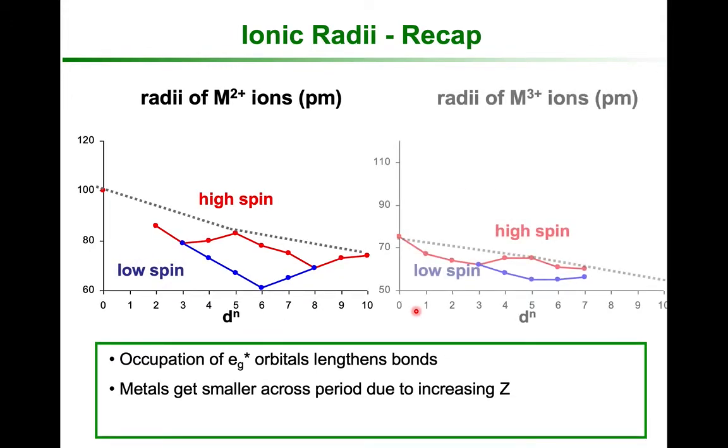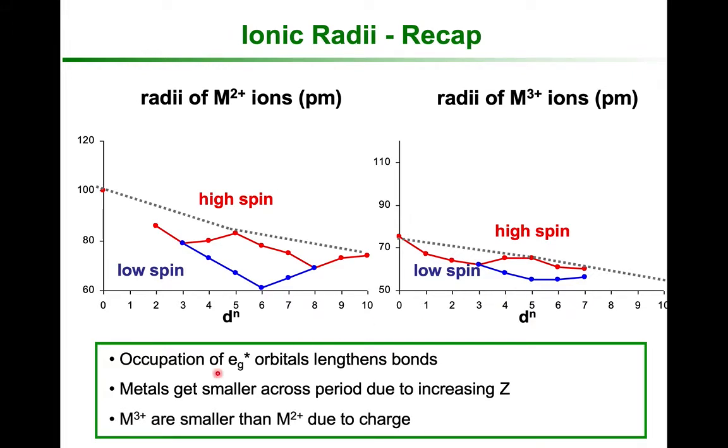Not a whole lot for you to get from a comparison of these two, except to compare some individual points. So for example, if we look at d3, d3 for a +2 metal versus d3 for a +3 metal, you'll notice that the d3 for the +3 metal is significantly shorter than the d3 for the +2 metal. If we go through and look at the different points, we'll see that.